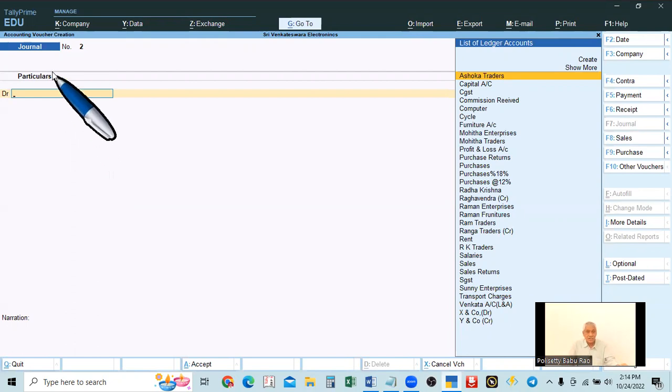Now, in double entry mode in the journal, just like the manual accounting journal, it will be debit and credit only, starting with debit and ending with credit. But in the case of receipt voucher, payment voucher, and contra voucher, sometimes one voucher will start with credit, one will start with debit, depending on the nature.